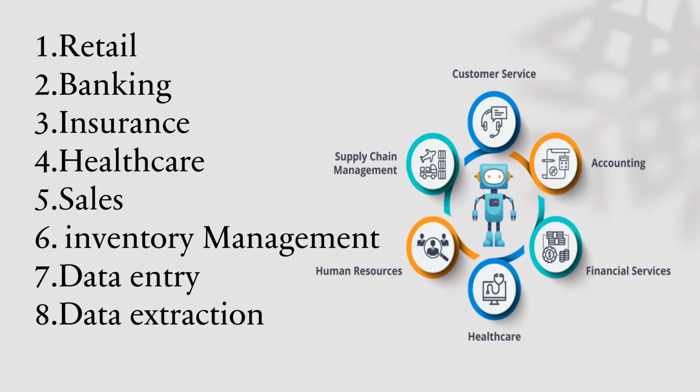In customer service, we can use RPA for data extraction and other data processing. When coming to accounting, we can use RPA for processing invoices. When coming to healthcare, we can use RPA for extracting data related to patients, their diseases, their prescription, their age, and a few other medical parameters.